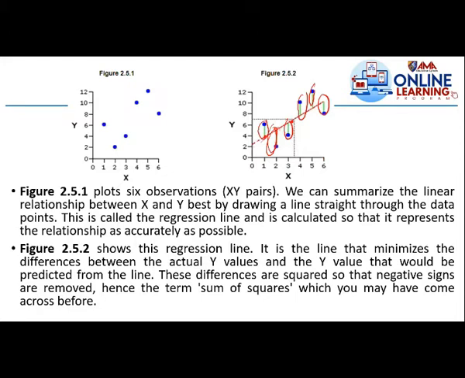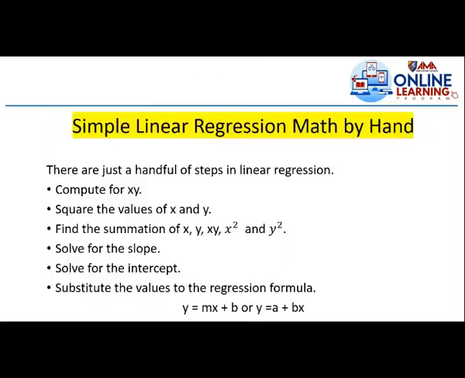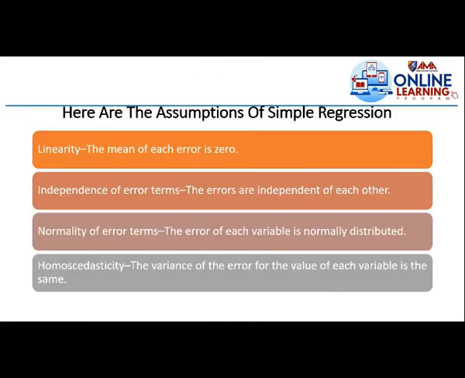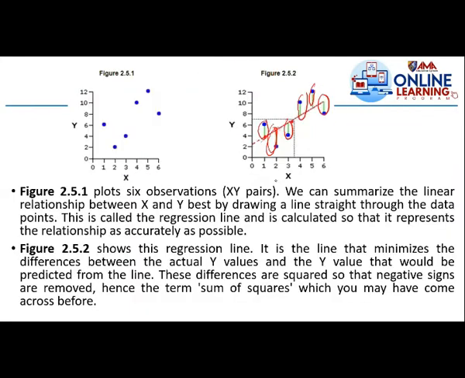So next is the independence of error terms. The errors are independent from each other. Of course, the residuals of each of the points are independent from each other.